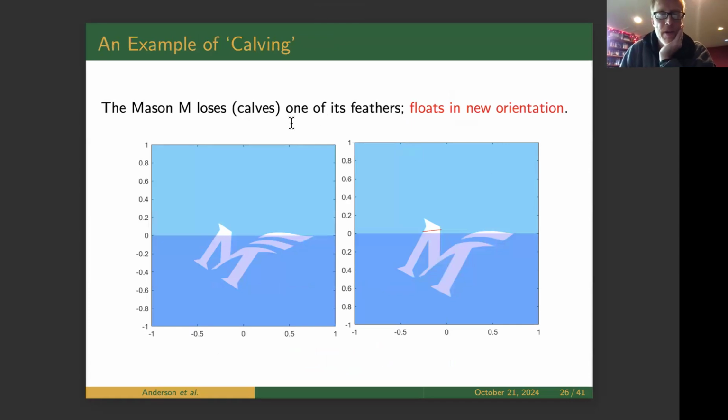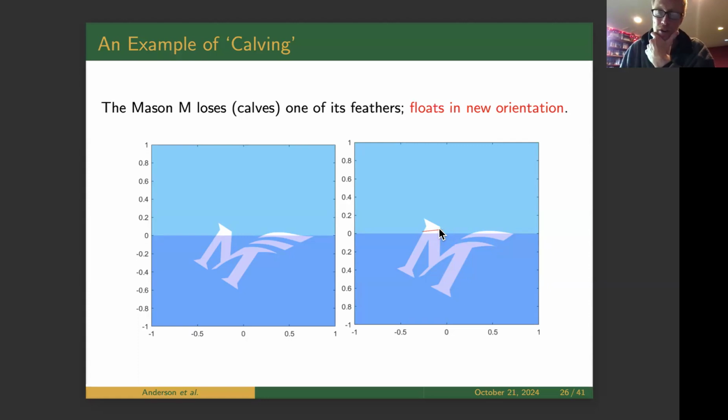Okay, so in the spirit of icebergs, we wanted to float the Mason M and ask, what happens if you lose a part of this iceberg? So here's the M floating in a stable orientation. And if we remove this upper feather, we see a slight orientation change.